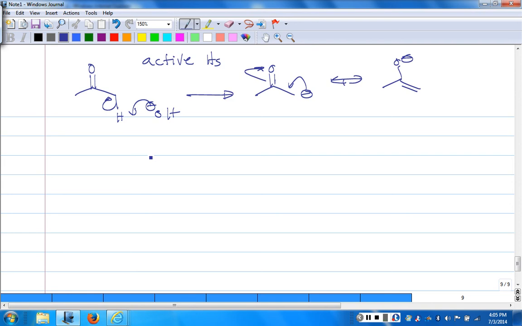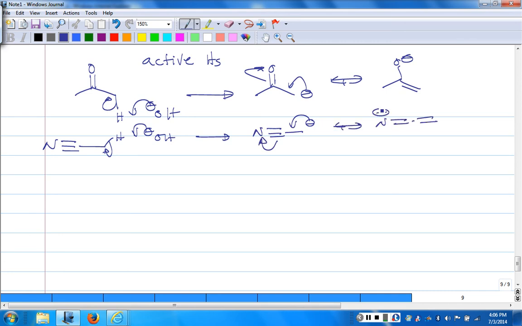Great. What other examples then might have active H's? Well, certainly if I had an H of, say, acetonitrile, that H I would consider as being active, because when I pull off the proton, I generate a conjugate base that is resonance stabilized. So that's an active H. What about nitromethane?